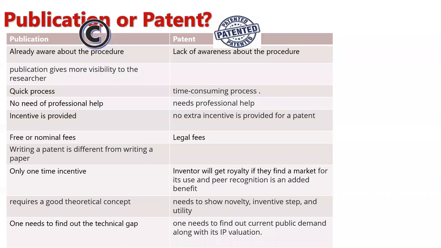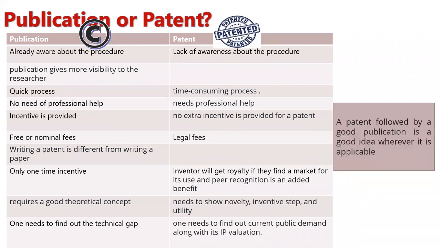All these things show where, if you have an idea or research work that can be converted into a product, you can judge whether it will help you or not. If you are planning to file a patent or publish, it is also possible to do both.